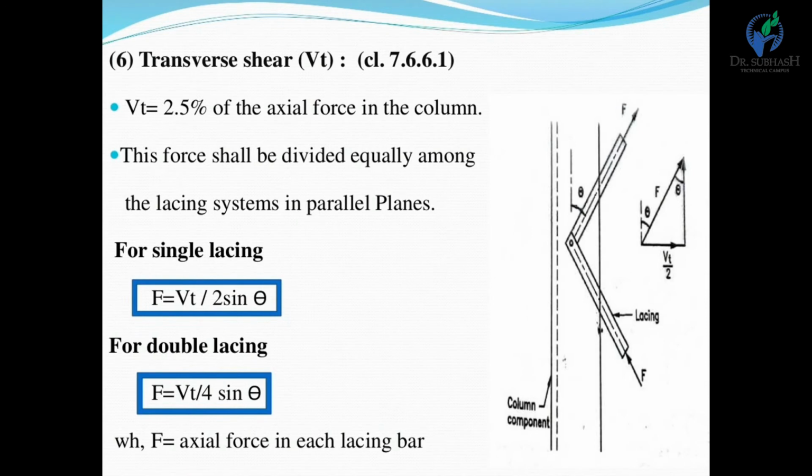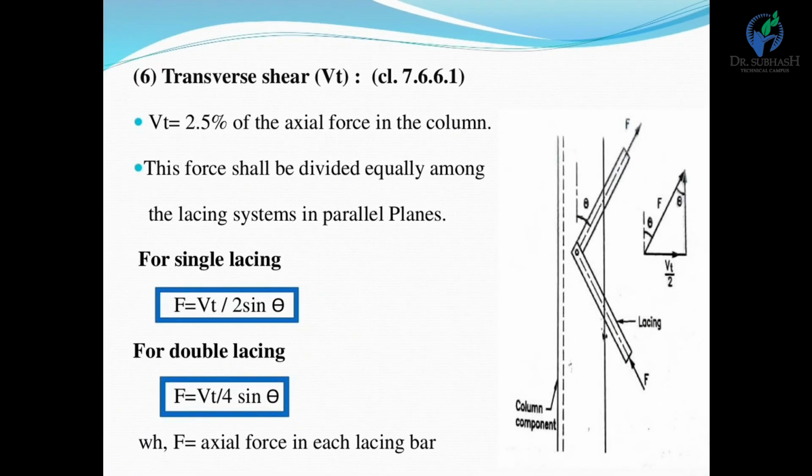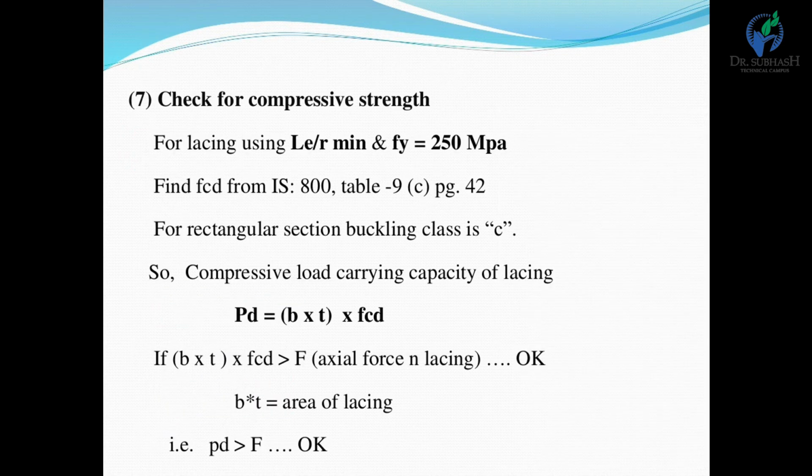For double lacing, F is equal to VT upon 4 sin theta, where F is the axial force in each lacing bar. So first of all you have to find the axial force of each lacing bar, and VT should be taken as 2.5% of the axial force in the column.